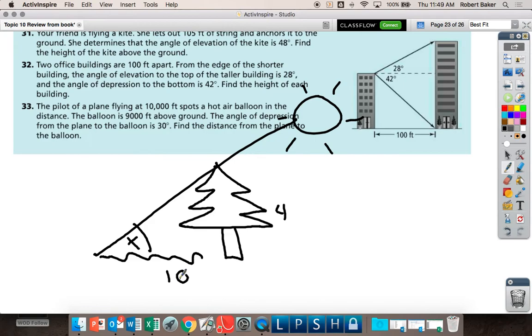A right triangle has a hypotenuse of 60 and one side length of 24. Do the side lengths form a Pythagorean triple? So it says you have a side length of 60 and a side length of 24. Do all three side lengths make a Pythagorean triple? What I'm asking is, are all three side lengths whole numbers?